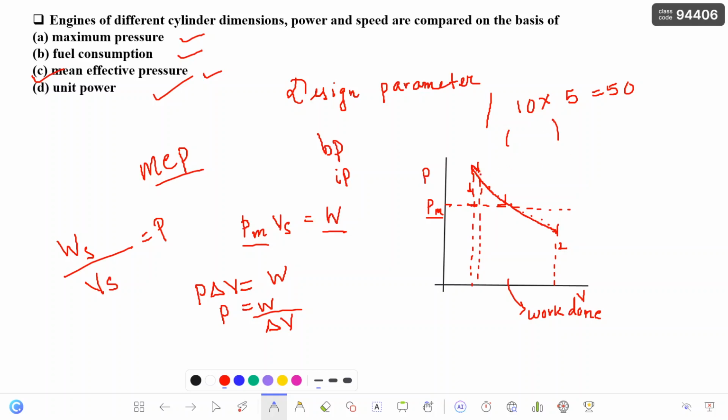Then this cumulative, when you integrate, will give the amount of work that is the same as that given by PM into delta V or Vs, the swept volume. This is that pressure. Okay, did you get it? Okay, sir. Understood, sir. By integrating the area, we can get the mean effective pressure. No, not by that. That will be covered in the next lecture. You will be clearly understanding that. Don't worry.